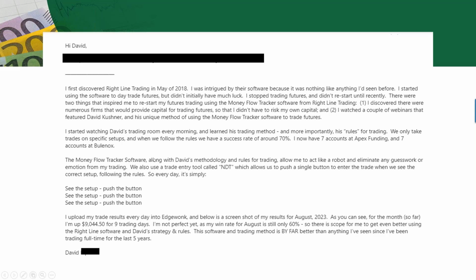And he says here that following the rules and my methodology and using the NDT, which allows one push, allows us to push a single button to enter a trade when we see the correct setup. So every day he looks at it as simple: see setup, push button, see setup, push button, see setup, push button. So if he has a setup, he pushes the button. If it wins, it wins. If it loses, it loses. And that's how he does it.